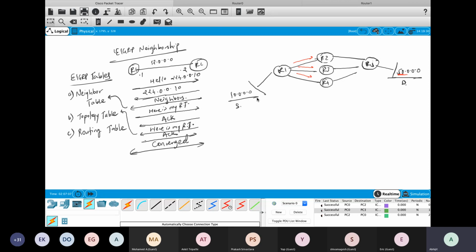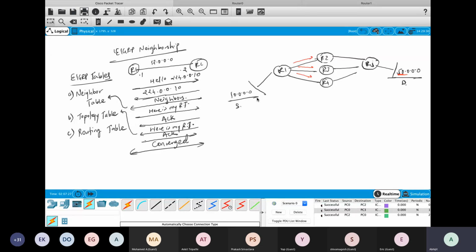Do you trust that information? R1 is going to ask its EIGRP neighbors, hey there neighbors, do you know any information about how to reach 50.0.0.0? It is possible that R2 has multiple routes to reach 50.0.0.0.